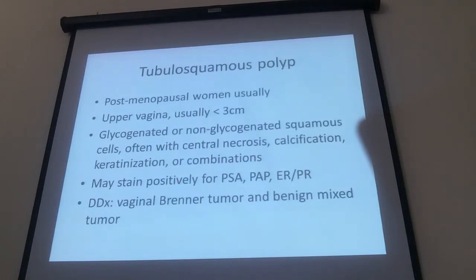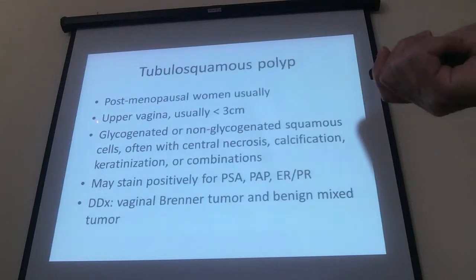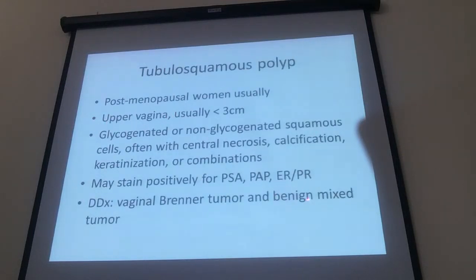So this may be a little bit of either a prostatic analog or something like that. The differential would include the Brenner tumor and a benign mixed tumor. But this is usually upper vagina, whereas this we'll see is usually lower vagina.